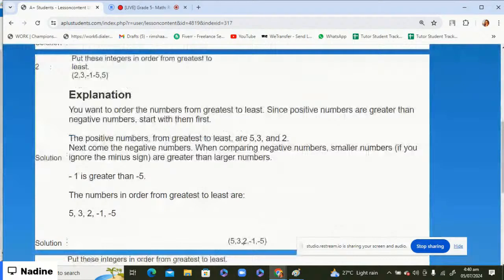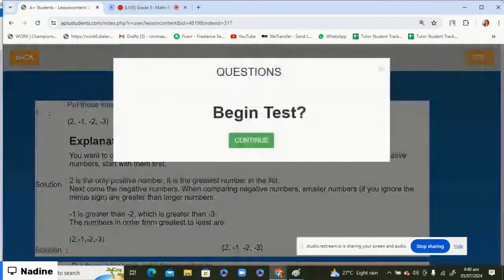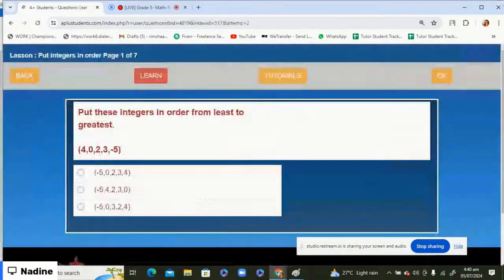So let's do the test questions for that. Put these integers in order from least to greatest. First we put the smallest one, then the greatest one. Smallest one is here, minus 5, then 0, then 2, then 3, then 4.